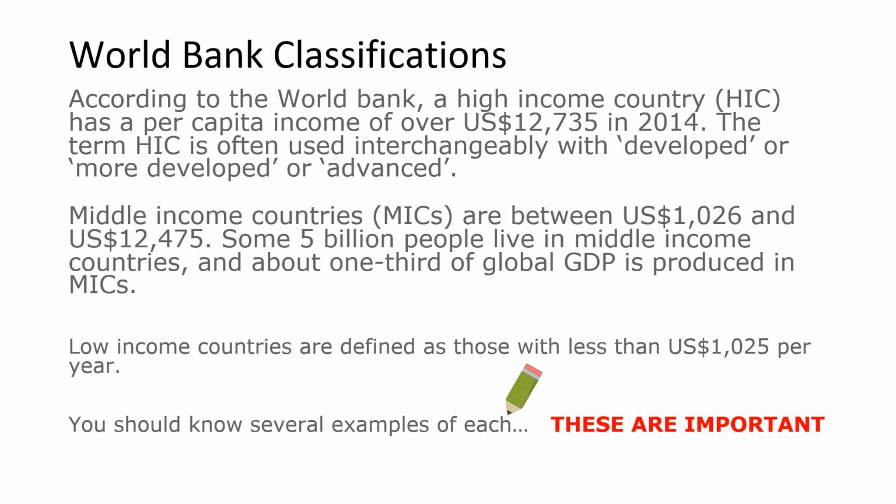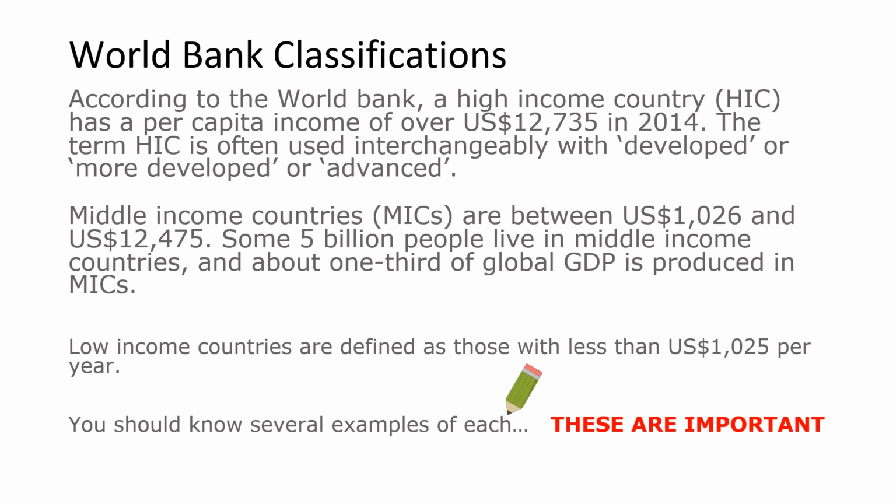Middle income countries, these are countries that are between $1,026 and $12,475 per capita, meaning that on average each person in a middle income country earns somewhere between there per year. And so if we're looking at most of the world, some 5 billion people live in this middle income area.